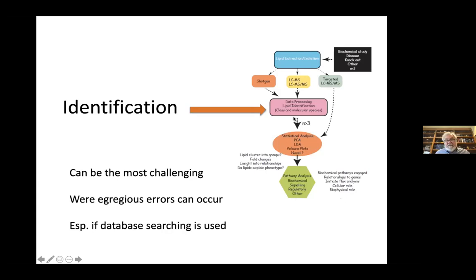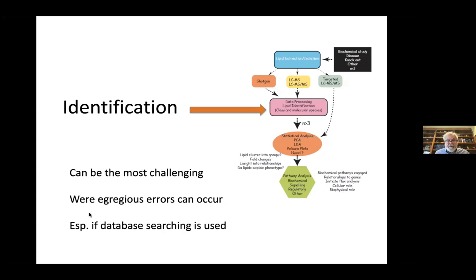So what about identification of the neutral lipids? This could really be the most challenging part of this part, and I think that spending time on chromatography at the beginning can reduce that time quite significantly. So you always have to put that into your equation of how long it can take to do this.